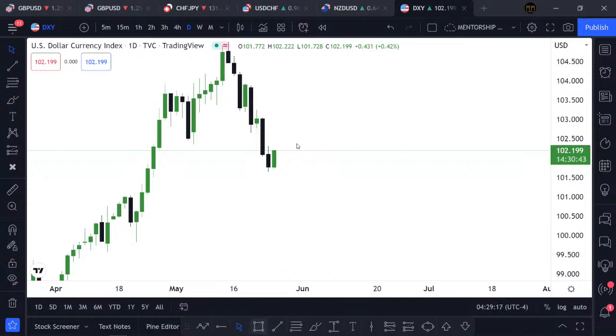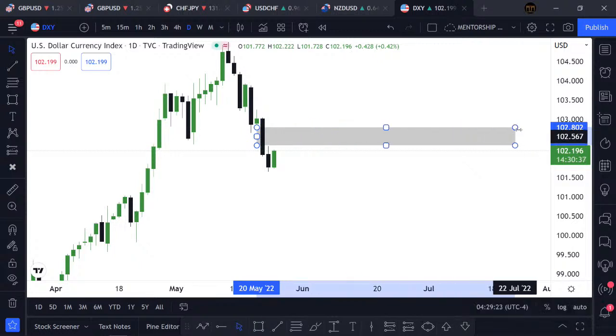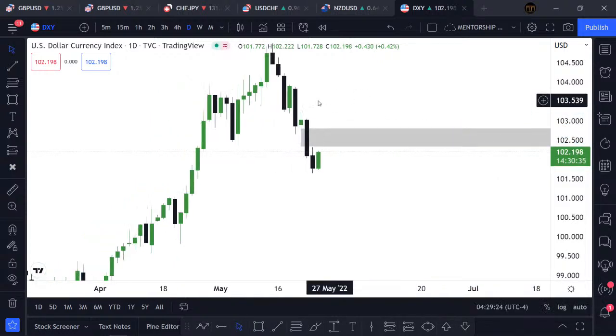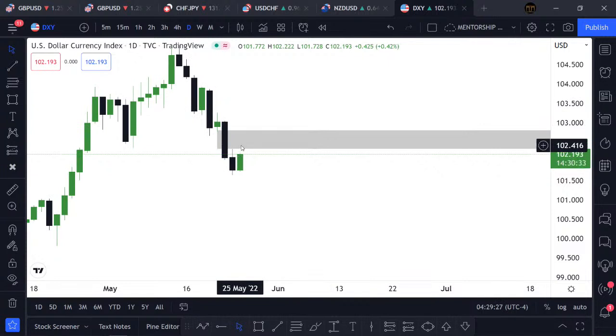If you see price trade to this level, which we might see at the London Open week to week, you're going to look for opportunities to go short on major currency pairs where the dollar is the base currency.